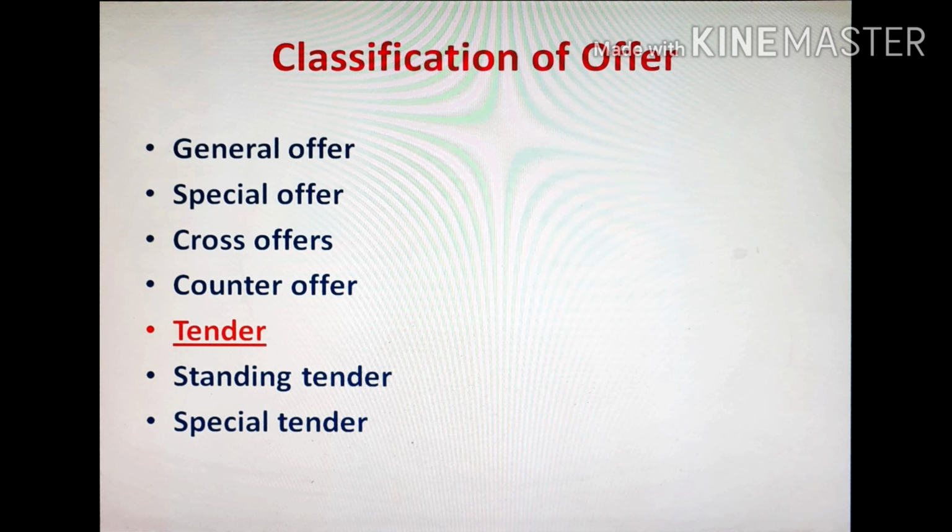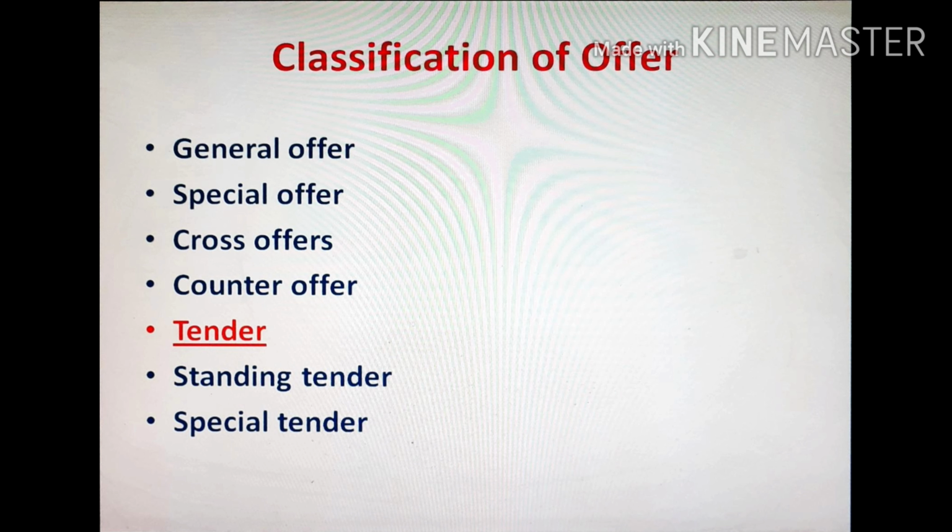We can classify offer into 5 categories, namely general offer, special offer, cross offers, counter offer, and tender. Tender we can again bifurcate into standing and specific tenders. Let us see one by one in detail. General offer.